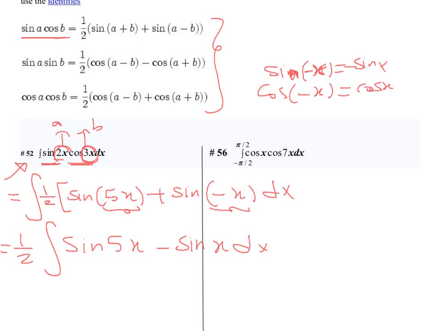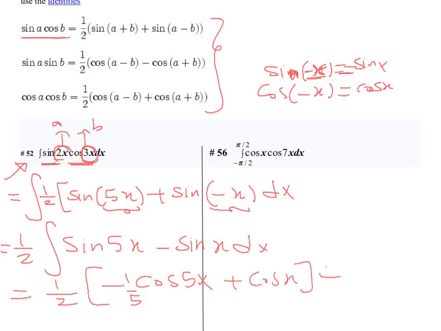So the sign becomes minus, the cosine is just a plus. Anyway, so this is now minus sine x, which can be integrated very easily, simply by saying minus cosine 5x divided by 5 and a plus cosine x, plus a constant.